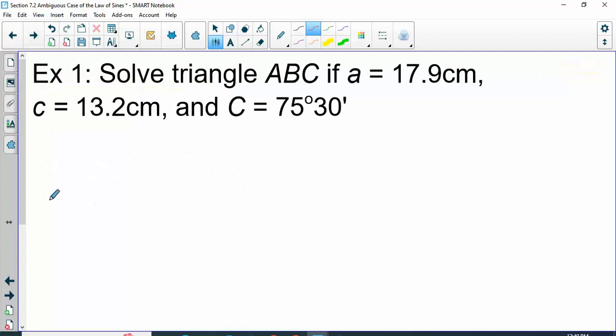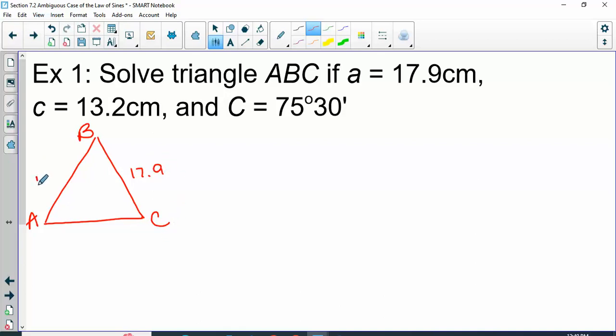So let's look at an example. Solve triangle ABC. That means find all the missing angles and all the missing sides. Side a, which is across from angle A, is 17.9 centimeters.